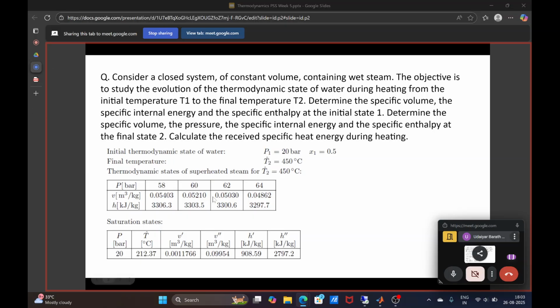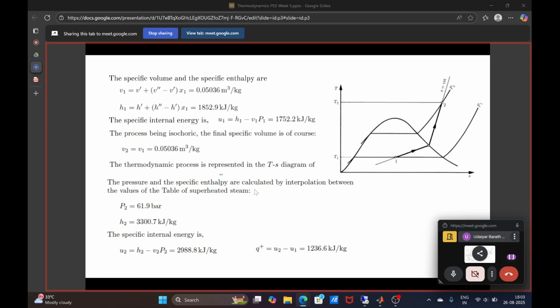Here the table for the 450 degrees Celsius superheated steam condition is given for pressures of 58, 60, 62 and 64, with the corresponding specific volume and specific enthalpy. Enthalpy is still yet to be taught, so we'll look at just U and the saturation states for pressures and temperature.